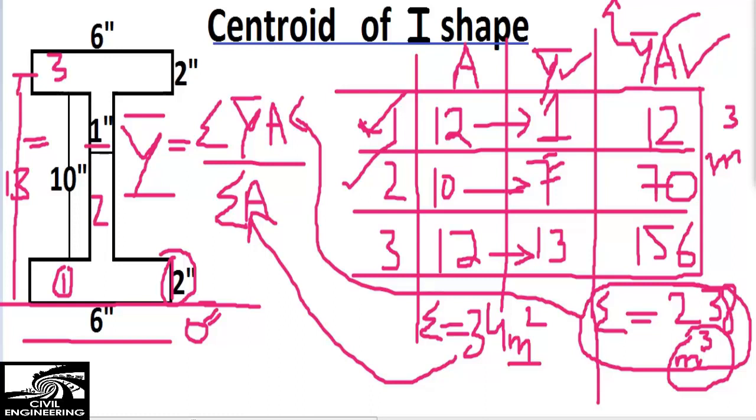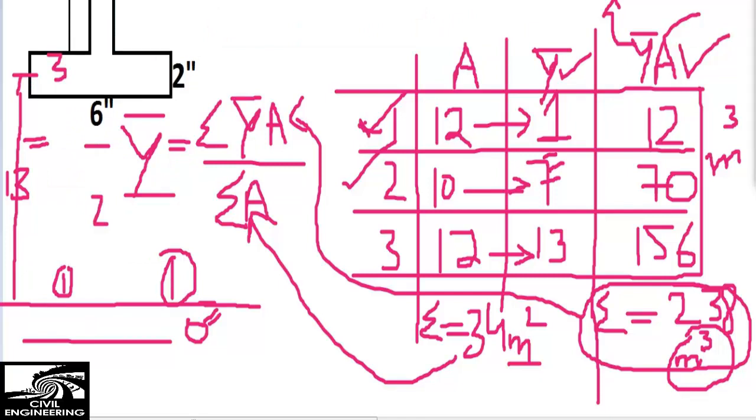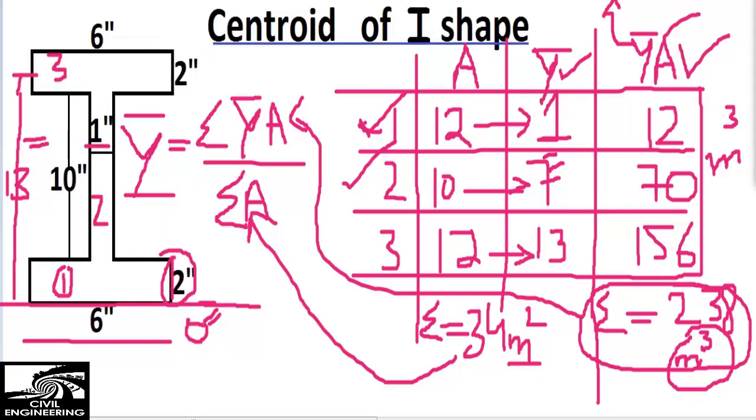So now putting the values in this equation, we will get the y bar, right? So I'm coming down the page. Let me remove everything, right?